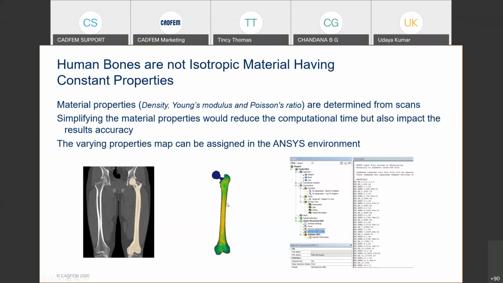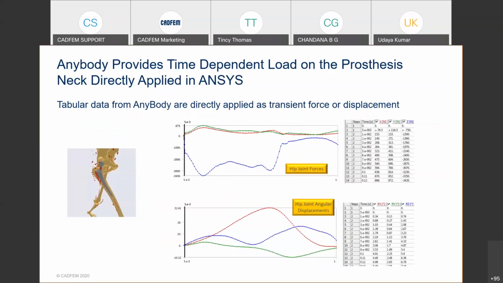By scanning, you will be able to get the density variations across the bone, as well as the density itself. Density changes from person to person, as well as throughout the bone. So we can input these variations inside ANSYS, and we can see how the stresses are, or how the deformation is happening inside the bone.